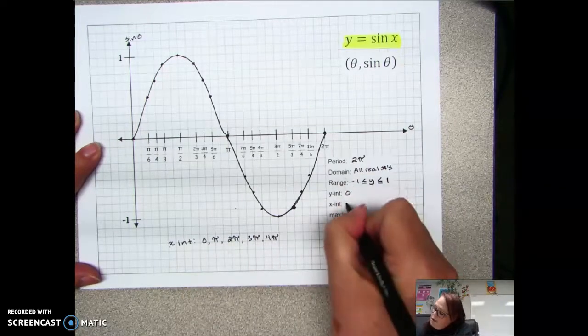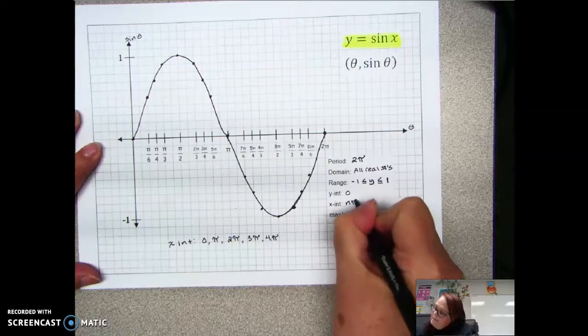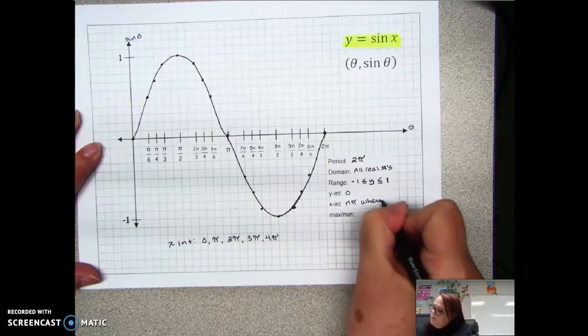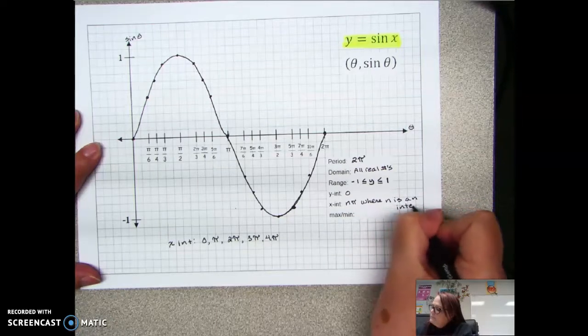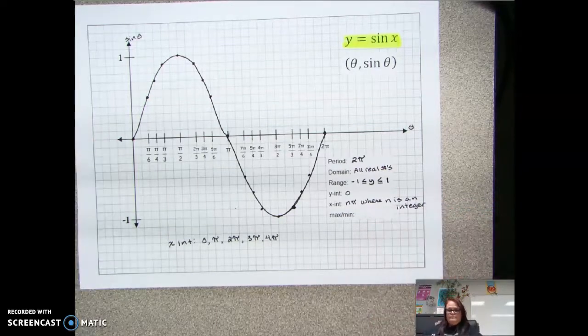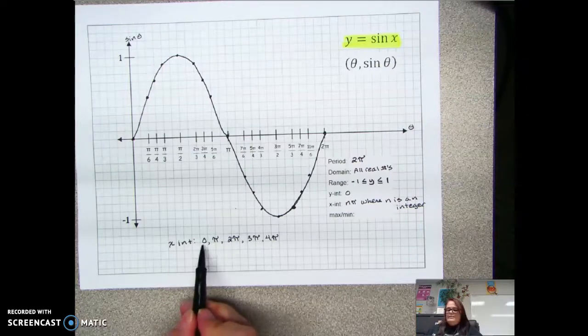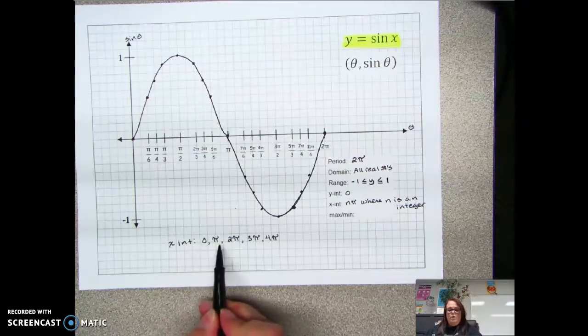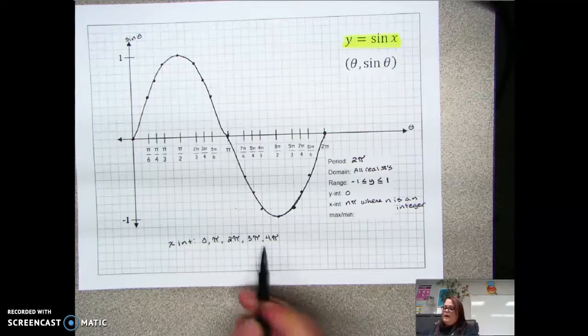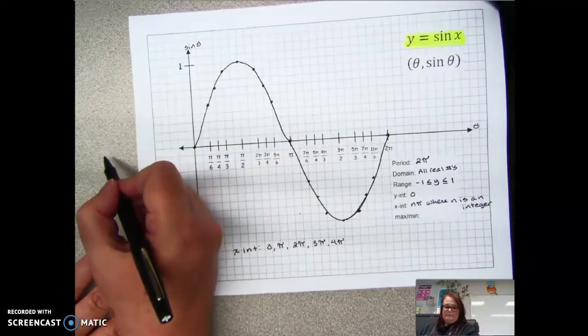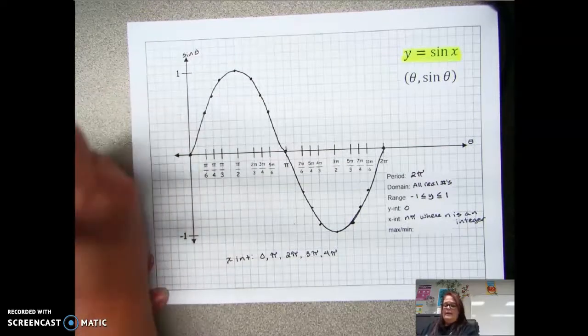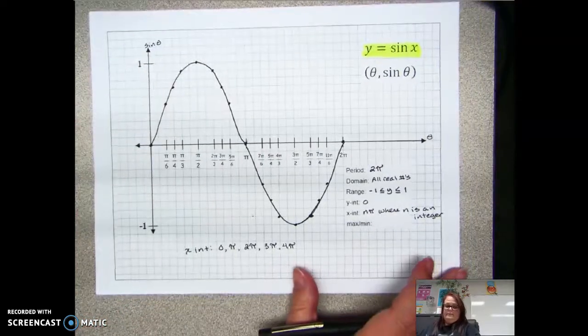So what I'm going to call that is n times pi, where n is an integer. Okay, so if n is 0, we have 0 pi. If n is 1, we have 1 pi, 2 pi, 3 pi. I could even go backwards and say that I've got a 0 at -pi, and then at -2 pi, etc.